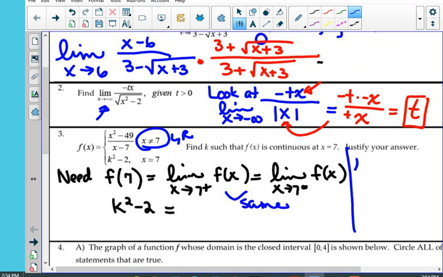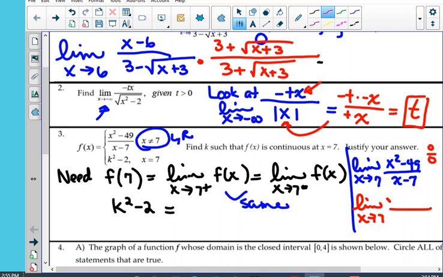So if I think about the limit as x approaches 7 of x squared minus 49 over x minus 7, I realize that I'm getting a 0 over 0. So if I use factoring to help me on this one, I'll have x plus 7, x minus 7 over x minus 7. So the limit is 14.